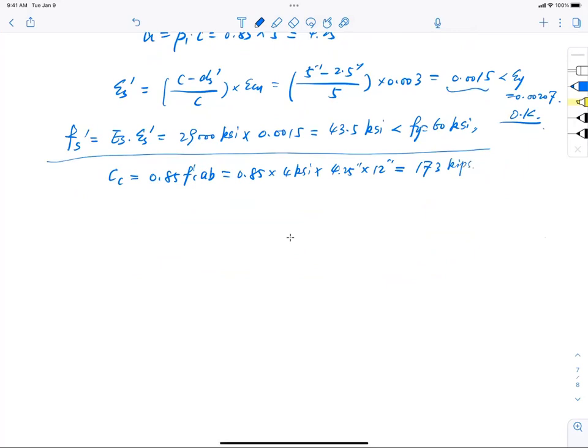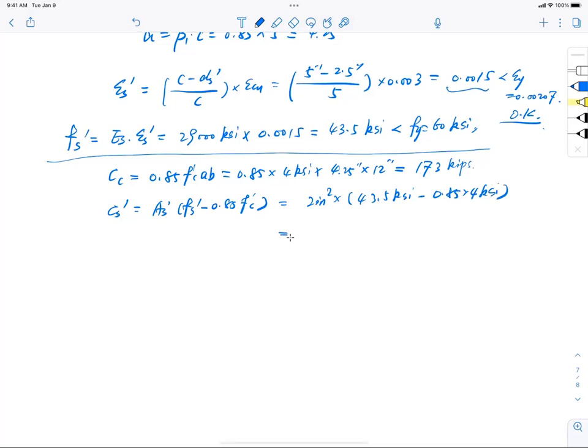Okay. And then Cs prime, which equal to As prime times the bracket fs prime minus 0.85 f prime c, and bring in the numbers: As prime 2 inch squared, fs prime 43.5 ksi, minus 0.85 f prime c, 4 ksi. All right, and then this whole thing equal to 80.2 kips.